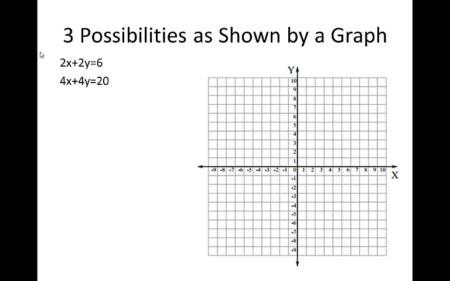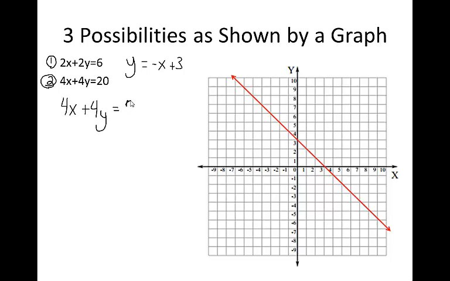So this first equation we've graphed twice now. So we know it's going to be y equals -x plus 3 when we solve for y. So I'll just go ahead and graph that. There it is with the -1 slope and the y-intercept of 3. And now let me look at the second equation. So we have 4x plus 4y equals 20.